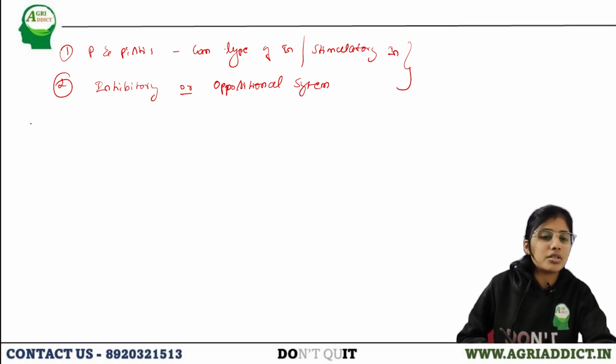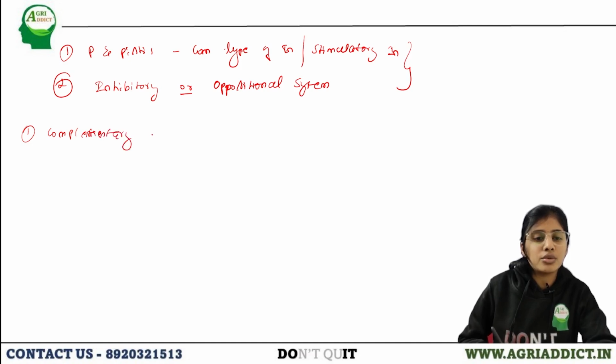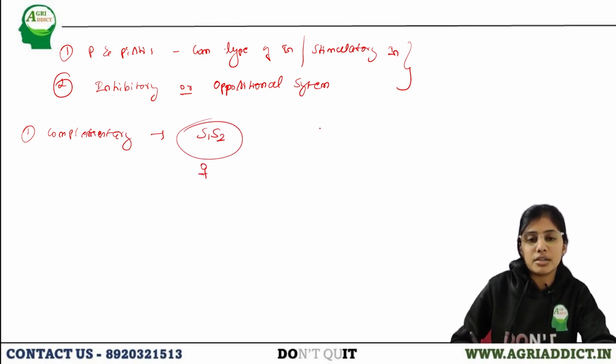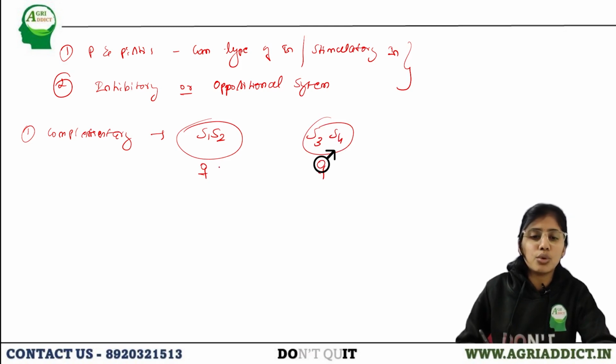We'll see what happens in the complementary type. In the complementary type of mechanism, let us say your female plant is S1 S2, and let us take S3 S4 as your male plant. As you can see, there is no matching allele in these two plants.